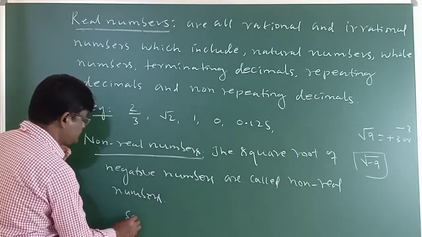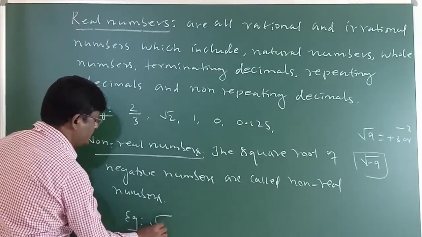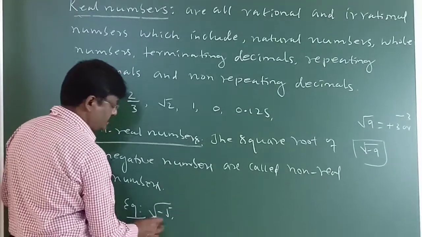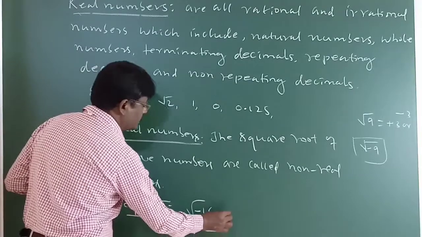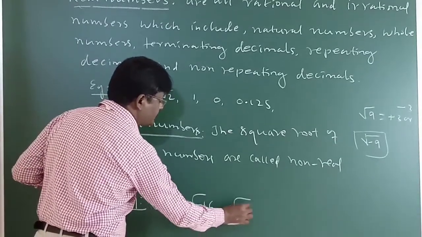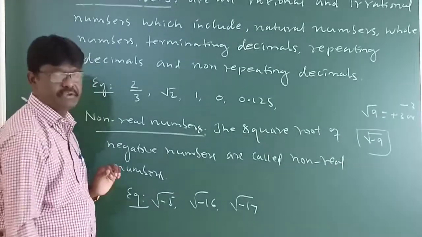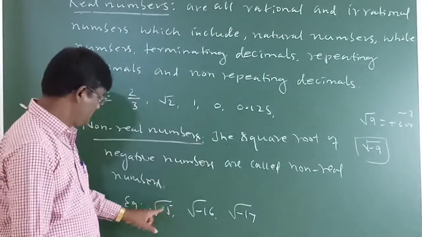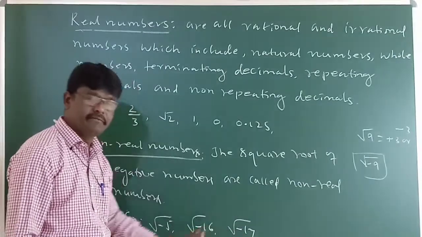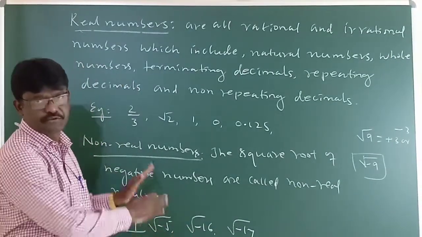Examples, anything it can be: root minus 5, root minus 16, root minus 17, etc. Okay, children. Now, non-real numbers, the square root of negative numbers. I hope you have understood.